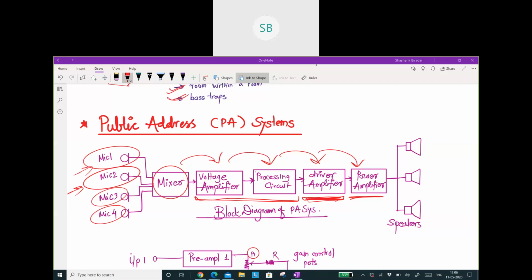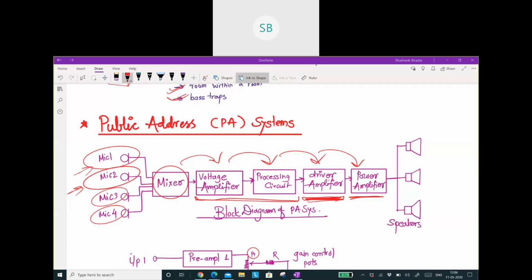The rough statement is: maximum power is delivered from the source to the load if the load impedance is equal to the source impedance. Am I right? So unless you match the impedances between source and load, you cannot get the maximum power. When you match the impedances, then you can get the maximum power. So everywhere we need to take care of impedance matching as far as maximum output is concerned.